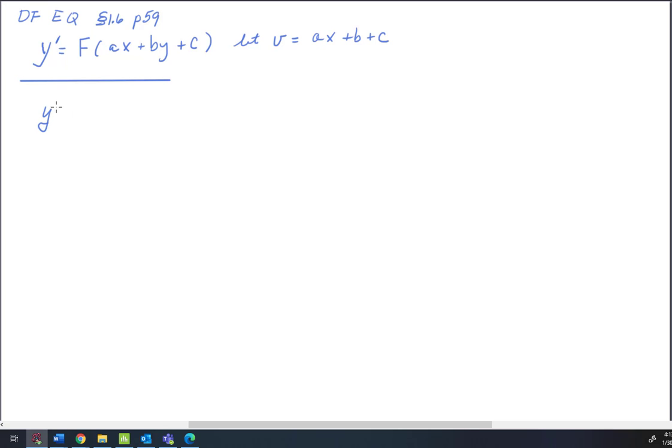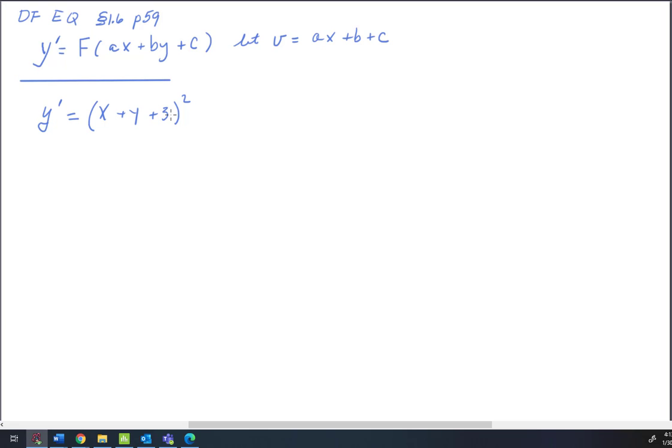So suppose that we had y prime is equal to x plus y plus 3 squared. Now you recognize that as an example of this. There's some function of a coefficient times x plus a coefficient times y plus a constant.